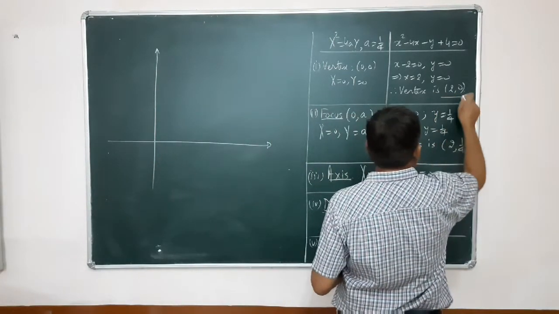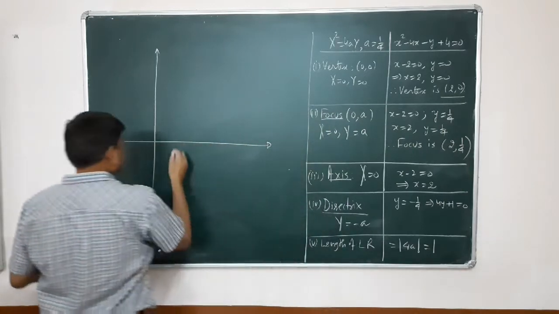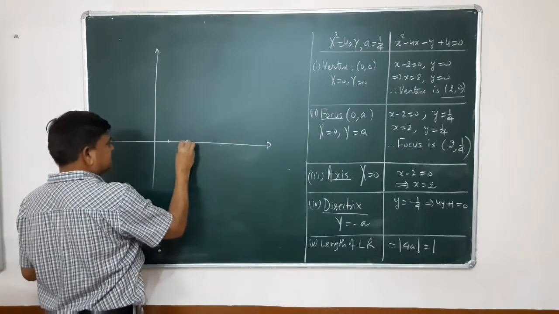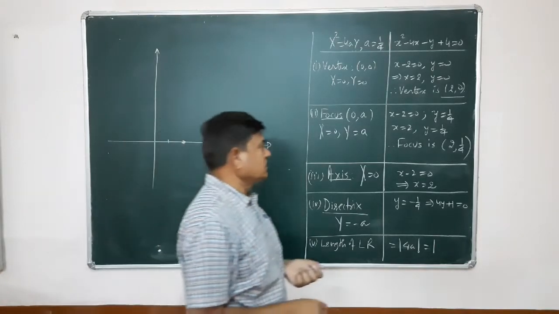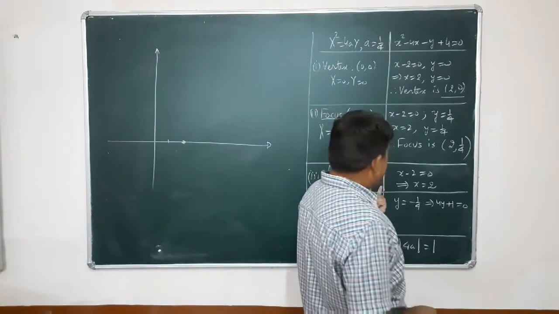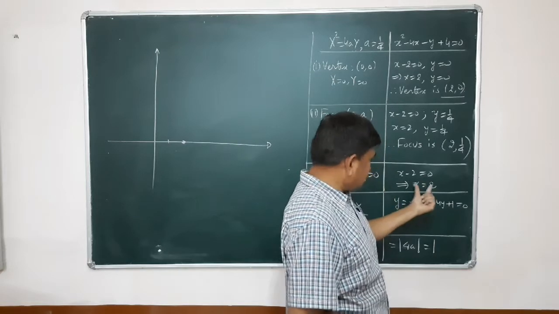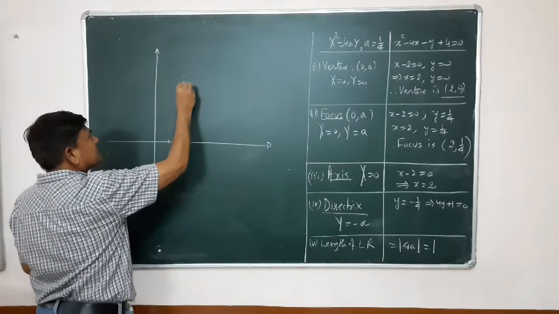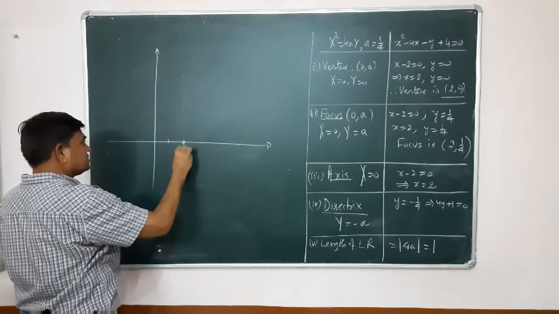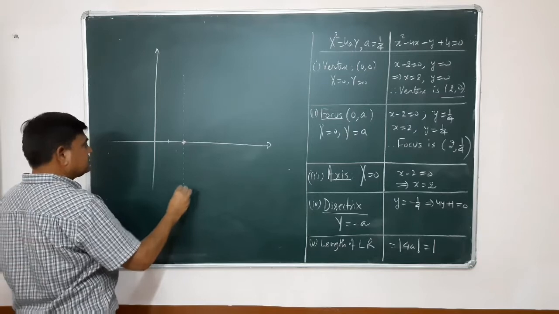Vertex 2, 0, one here is 2, 0. Then its axis is the line x equals 2. It's better to draw the axis first. This is the axis.